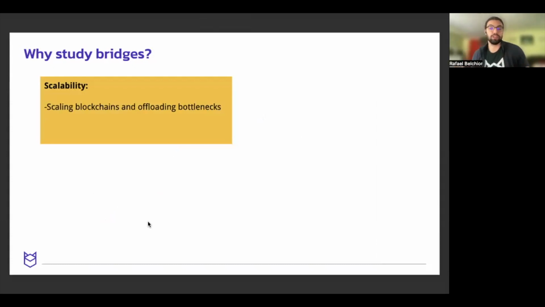But besides transferring tokens, cross-chain solutions are useful in other ways. For example, offloading transactional computations to different infrastructures, allowing to scale. So scalability research is, in fact, at least partially, interoperability research.